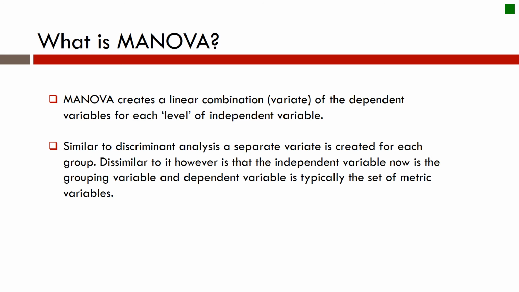You'll read as you look at this a little bit further that MANOVA and discriminant analysis might look similar to each other in the way the variates are created and how they look. But what's different here is that the independent variable, in this case ad exposure, is now also the grouping variable. And so it flip-flops a little bit.